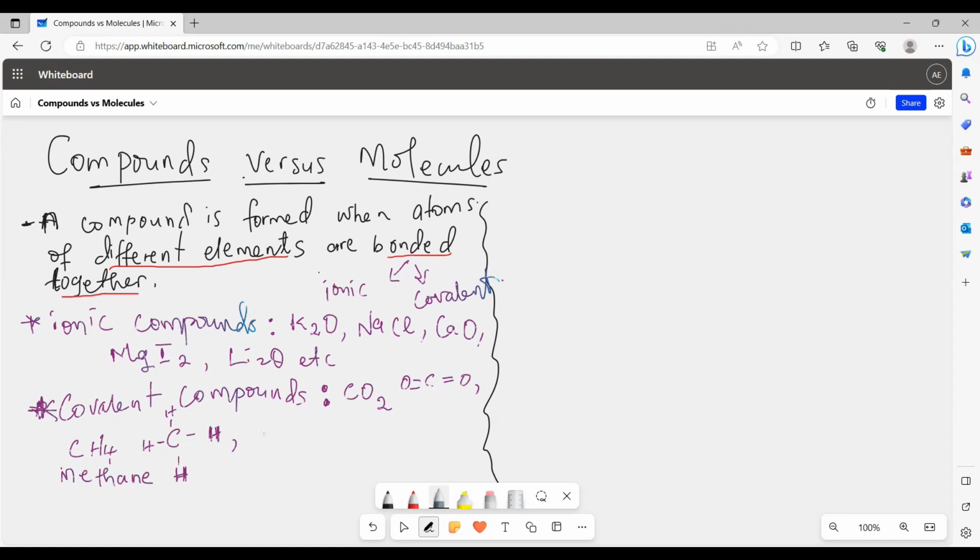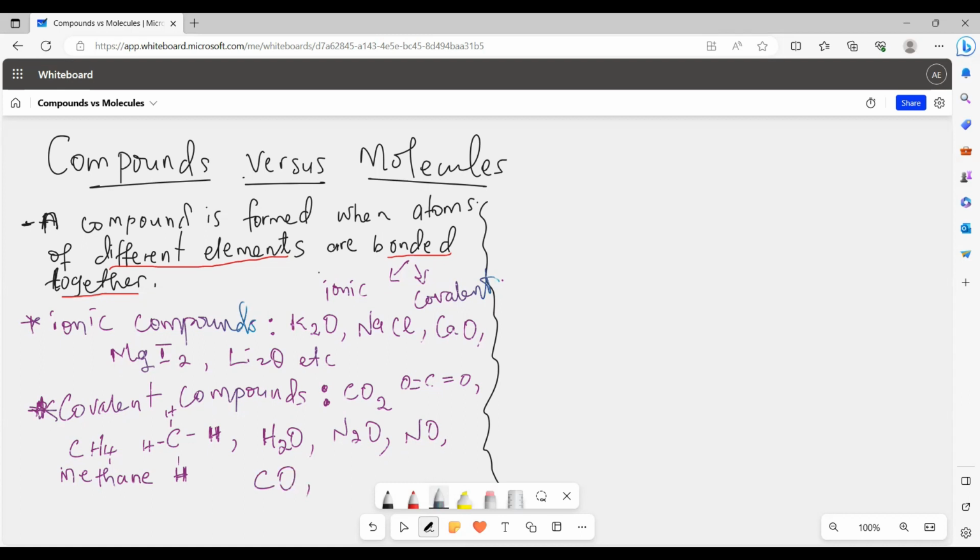Your methane. You could also have your water. Good examples. You could have water molecule, right? You could have nitrous oxide or dinitrogen monoxide. You could also have nitrogen monoxide, right? You could have again your carbon monoxide.